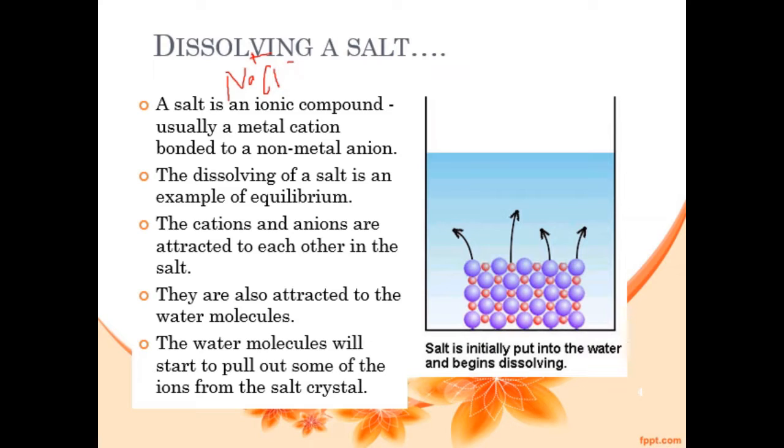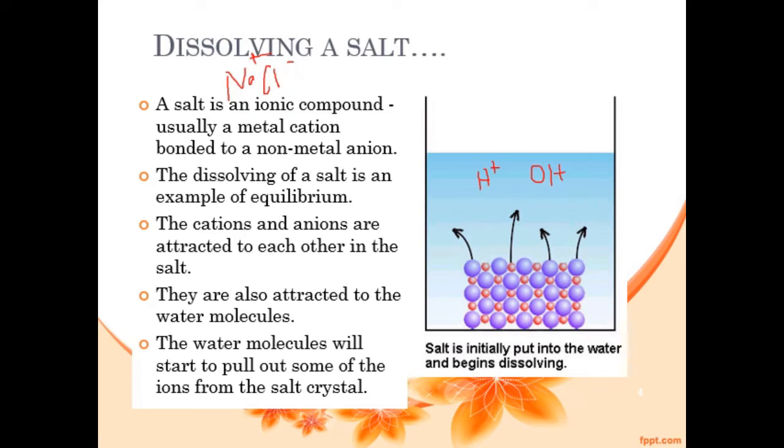when you place the sodium salt inside water, this attraction will loosen up because the cation and anion are also attracted to the water molecule, which is the H plus as well as the OH minus.